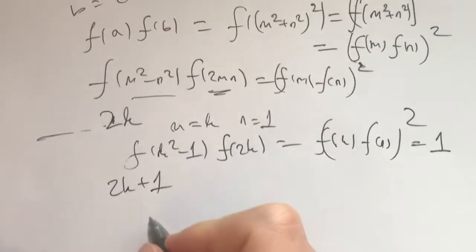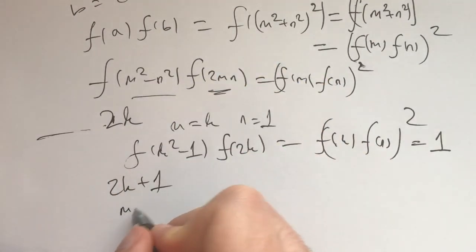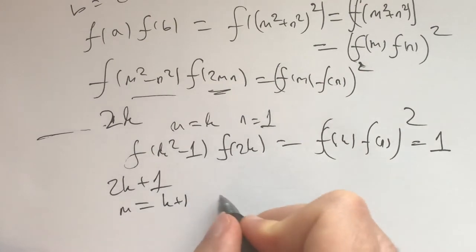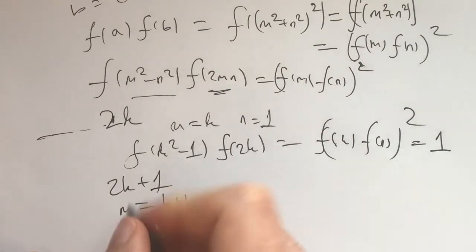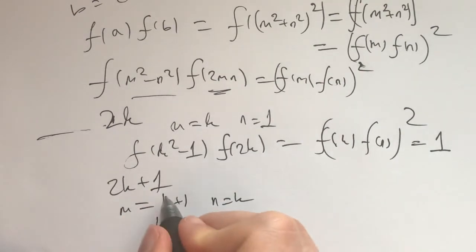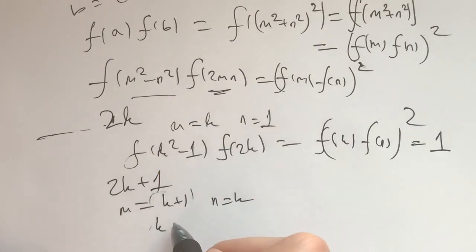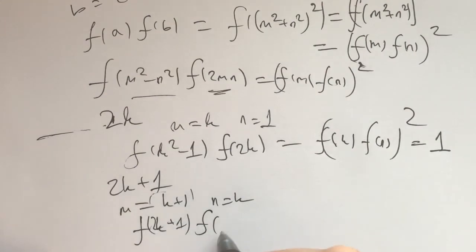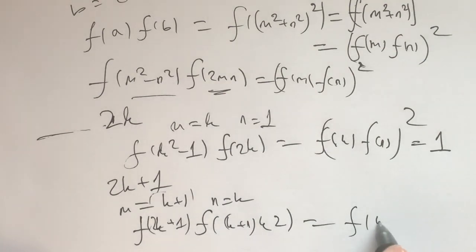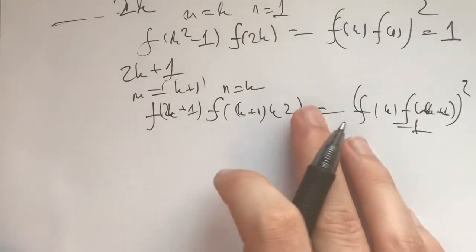If you want 2k+1, you can just make m equal to k+1, n equal to k, because the difference of these squares is 2k+1, and then you'll get f(2k+1) is f(k+1) times k times 2 is f(k+1) squared. This is 1 by the inductive hypothesis, and you're done.